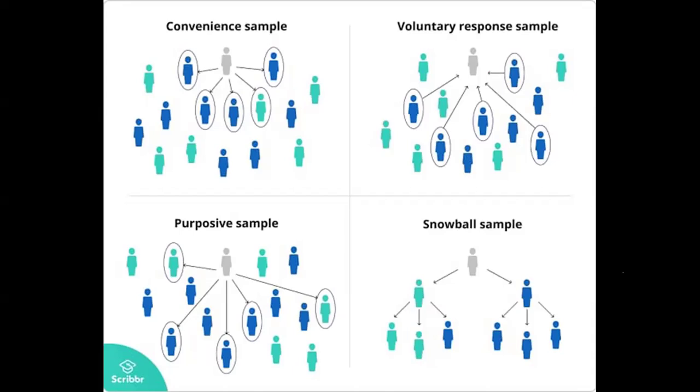In a snowball, you approach two or three persons, and you make it a condition that they are going to refer you to a further three. This way you would be able to gather so many respondents.